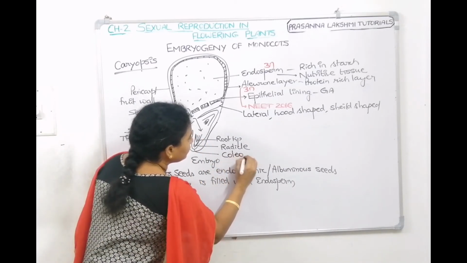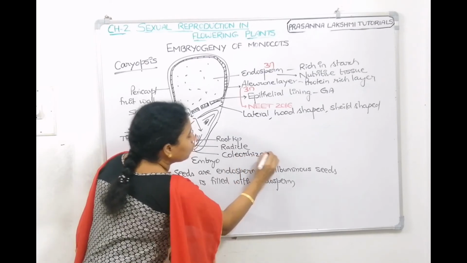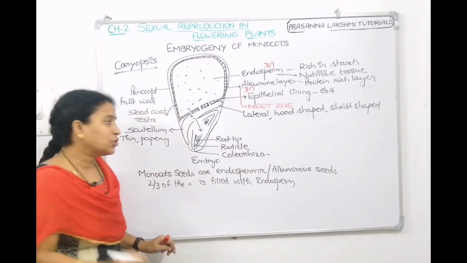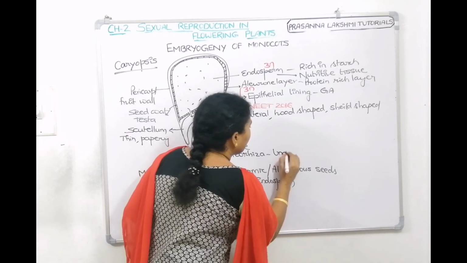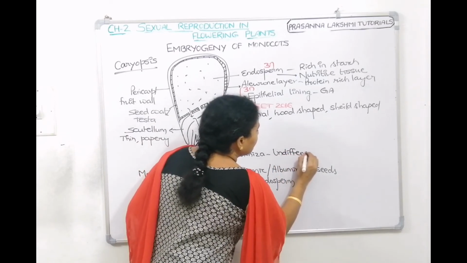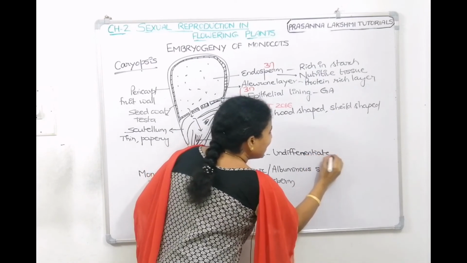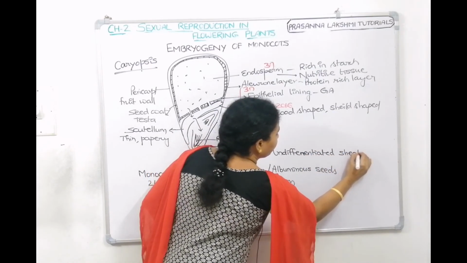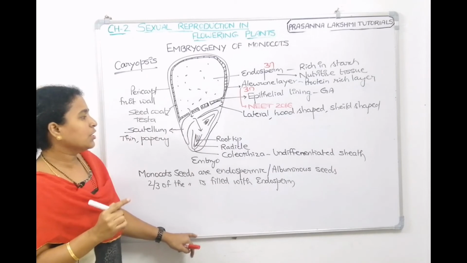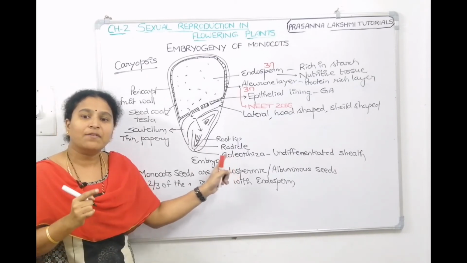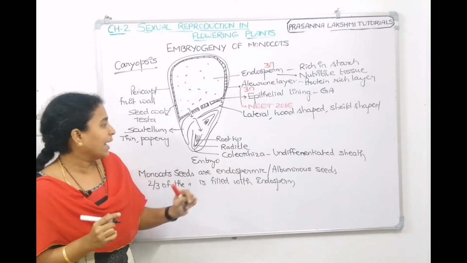Coleorhiza. It is an undifferentiated sheath-like tissue called coleorhiza, which covers the radicle and the root cap, right?